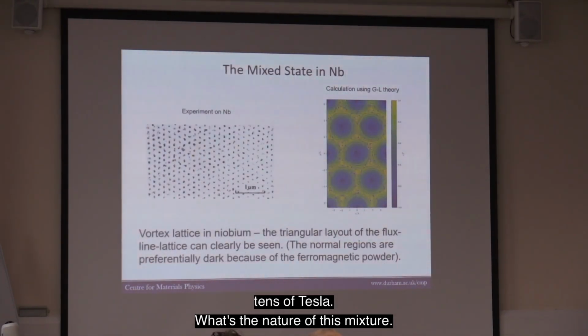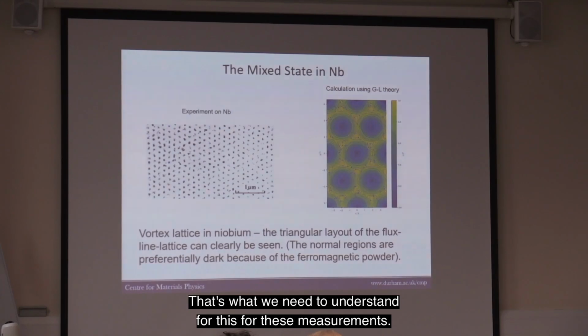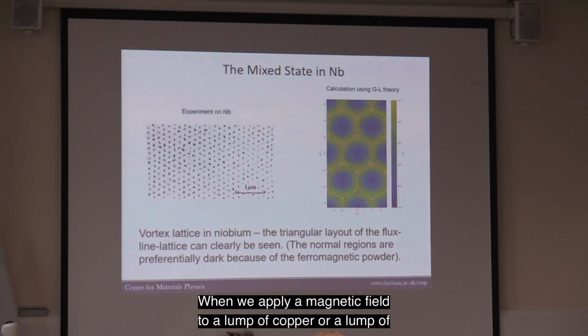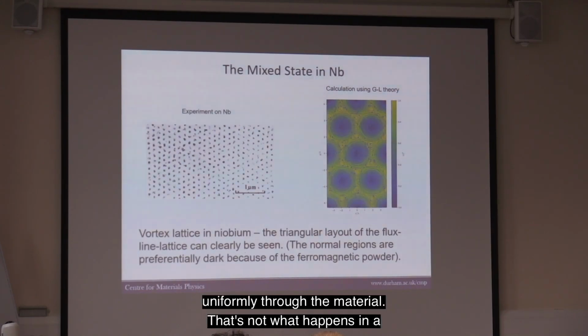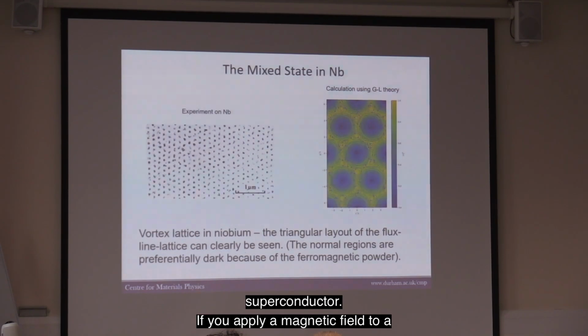What's the nature of this mixed state? That's what we need to understand for these measurements. When we apply a magnetic field to a lump of copper or a lump of silver or gold, the field just penetrates essentially uniformly through the material. That's not what happens in a superconductor.